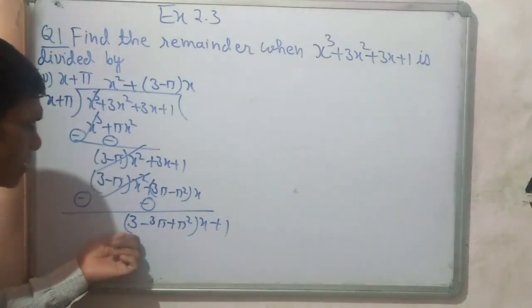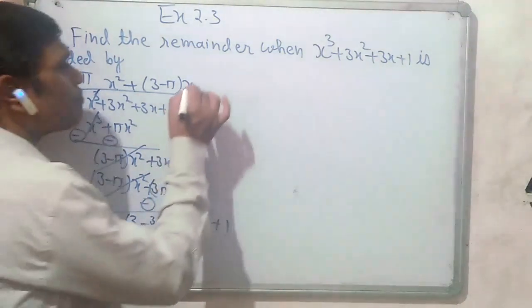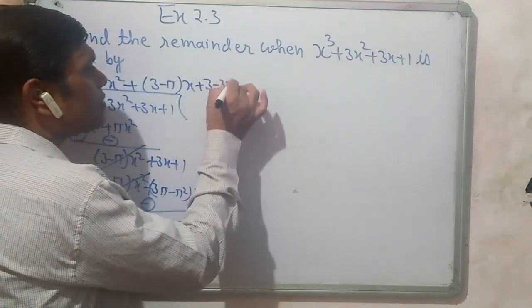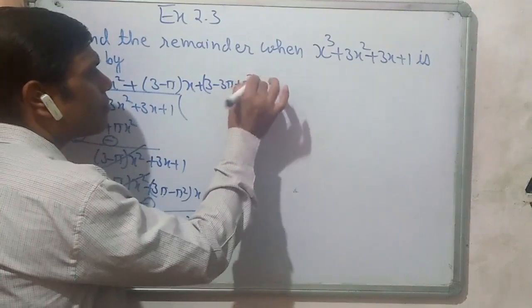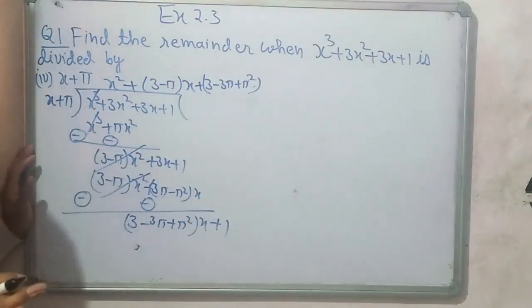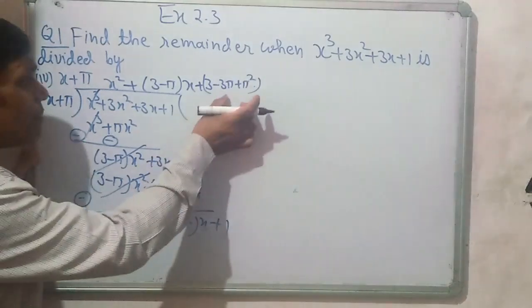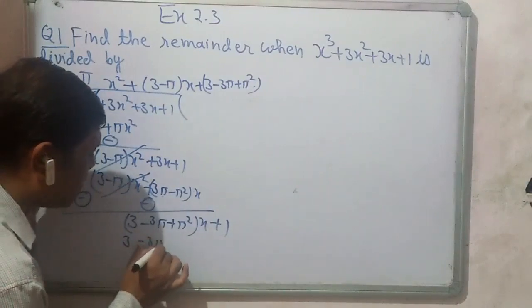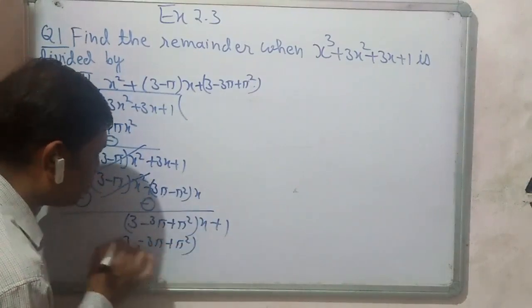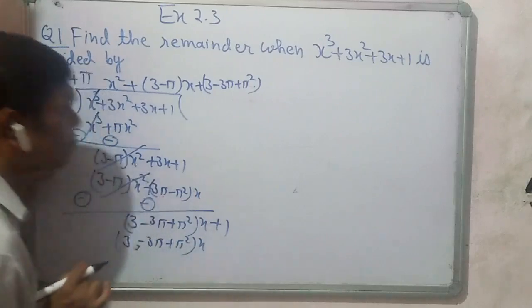We'll get the quotient as 3 minus 3 pi plus pi square. Right? Got it? Yeah. Now what? Multiply this with x. We get 3 minus 3 pi plus pi square multiplied with x.